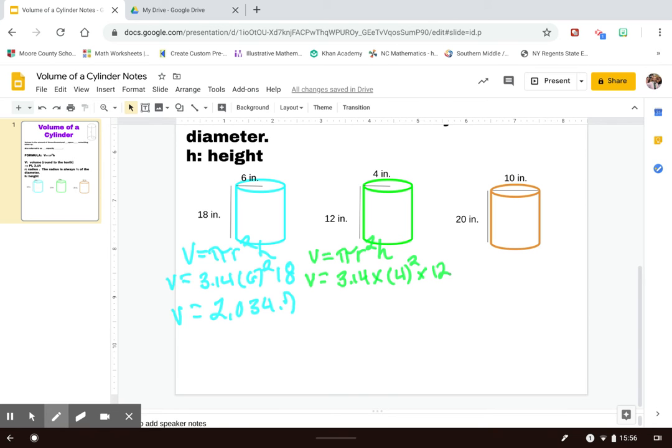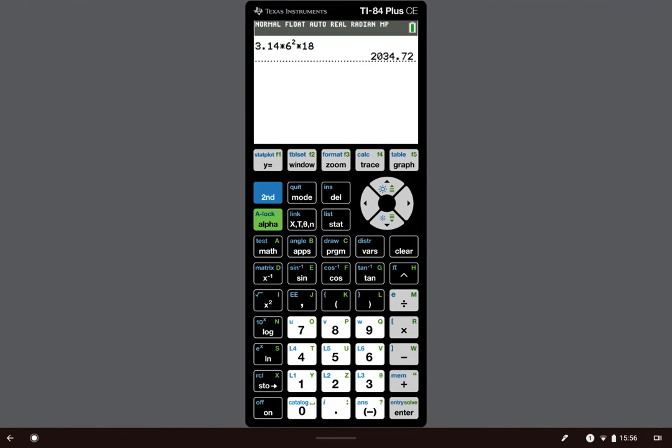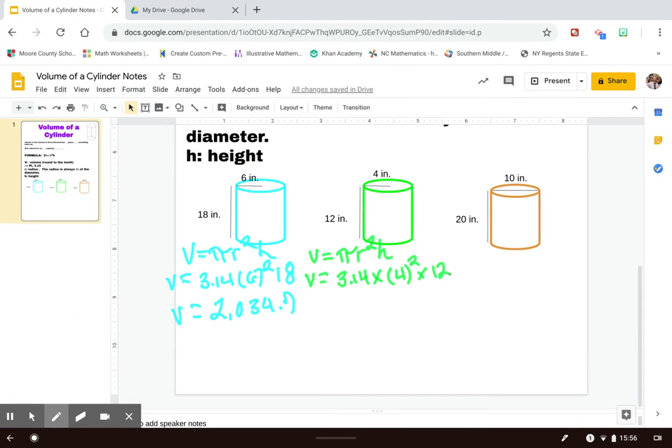Again, if I go to my calculator and type 3.14 times 4 squared times 12, that gives me an answer of 602.88. I'm going to round that up to 602.9. So here my volume equals 602.9.